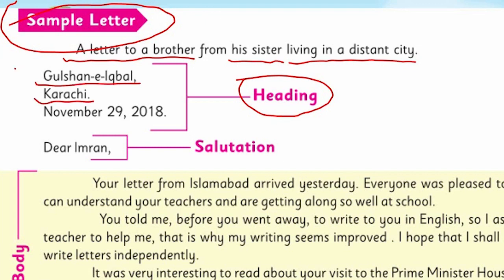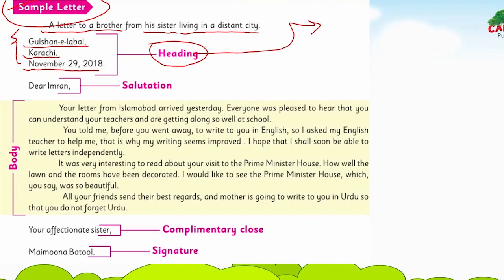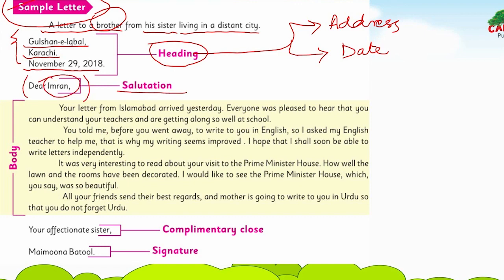Here is the address, and then the date, November 29, 2018. So the heading comprises number 1, the address, and number 2, the date. Then, as the letter is to a brother, the salutation is "Dear Imran." Imran is the name of the brother.